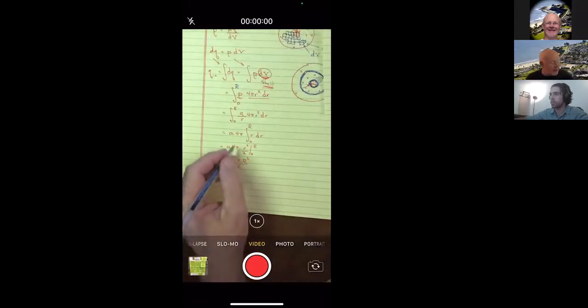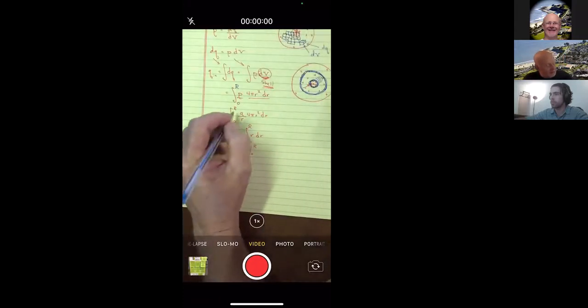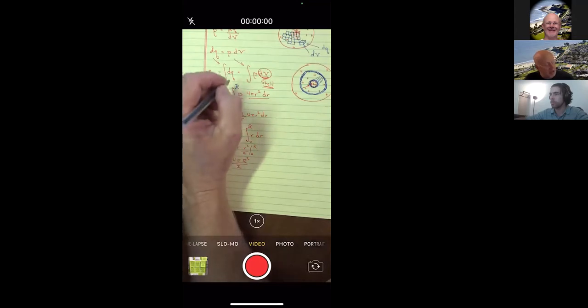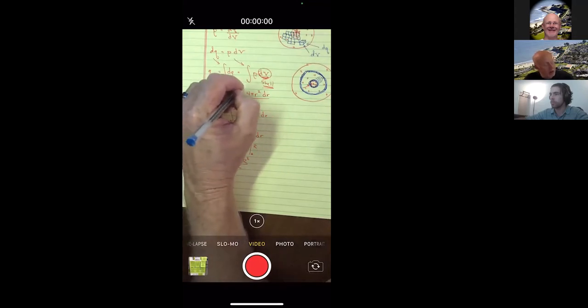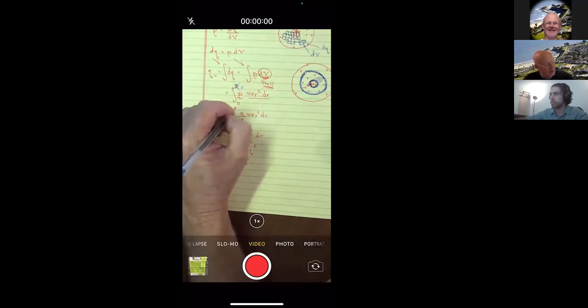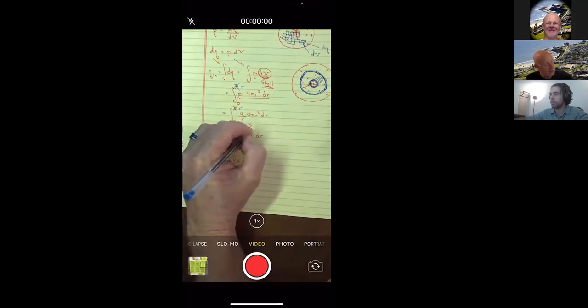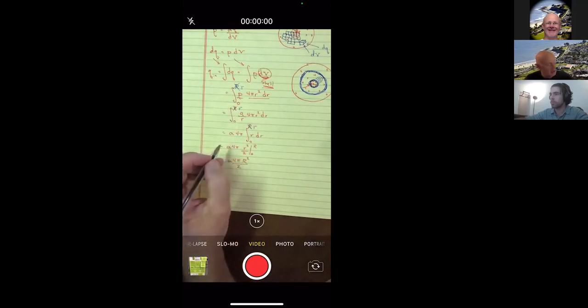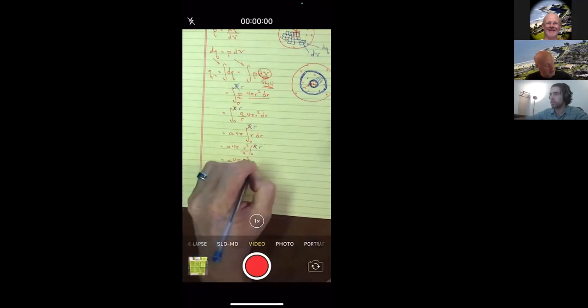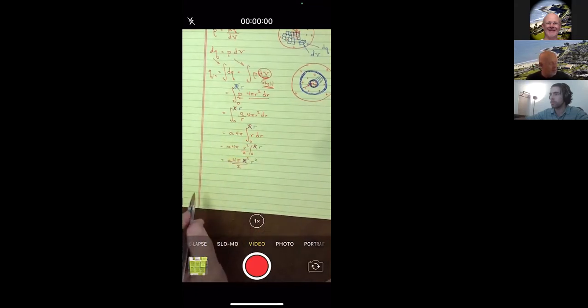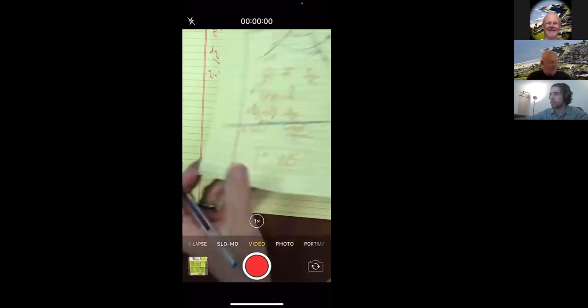And you can indicate that in your math back here by changing capital R to lowercase r, lowercase r, lowercase r, lowercase r, and lowercase r. And that would be an important difference.